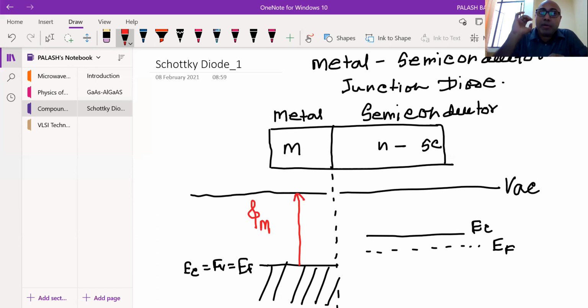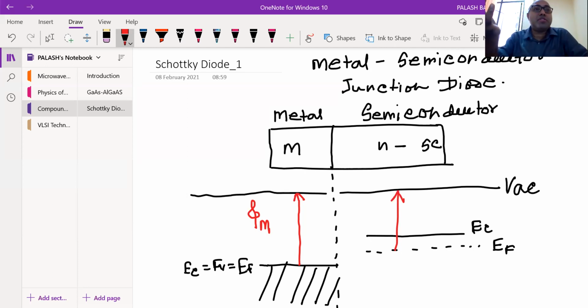For a semiconductor, you need to have something from EF to the vacuum level. You have one electron in the semiconductor, and if you take this electron out of the semiconductor's influence, you need to give some amount of energy, and that amount of energy is called the work function of the semiconductor.